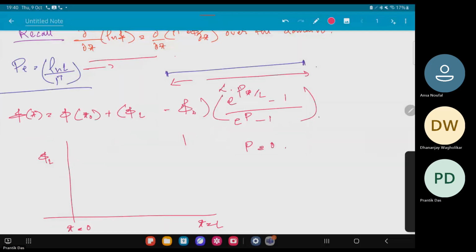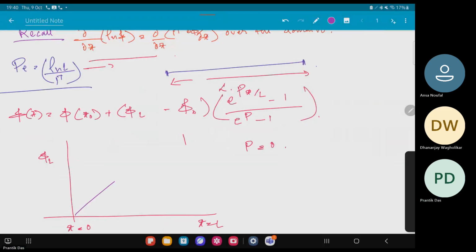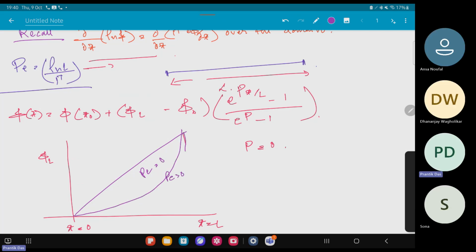If the Peclet number is positive, the curves move downwards; if it is very, very greater than zero, it moves like this. And if the Peclet number is less than zero, it will move upwards, and if it is very, very less than zero, it will be like this.